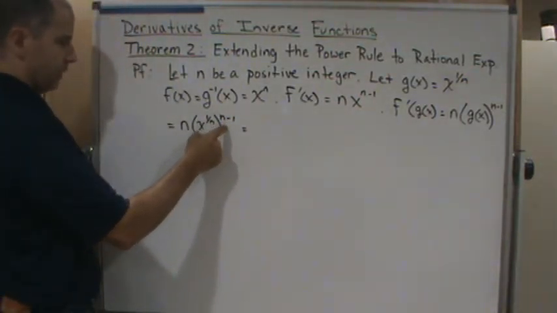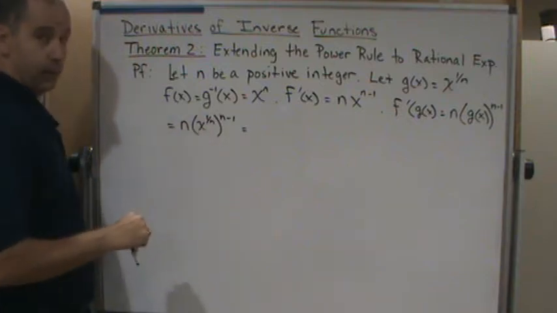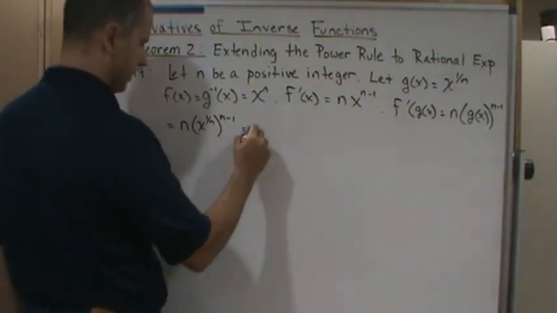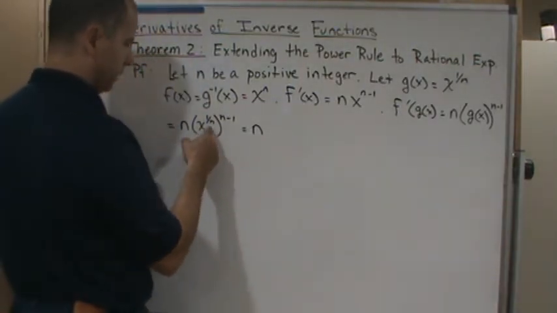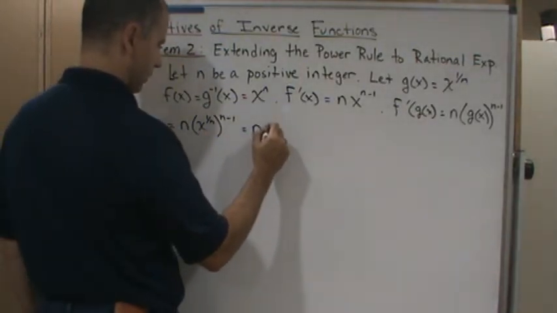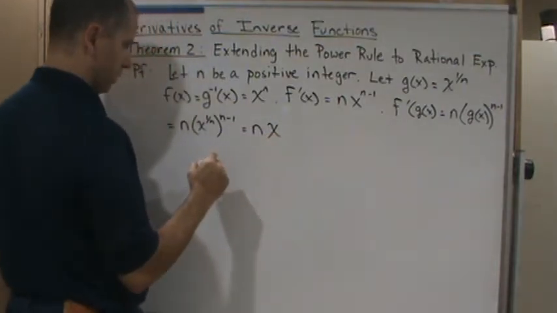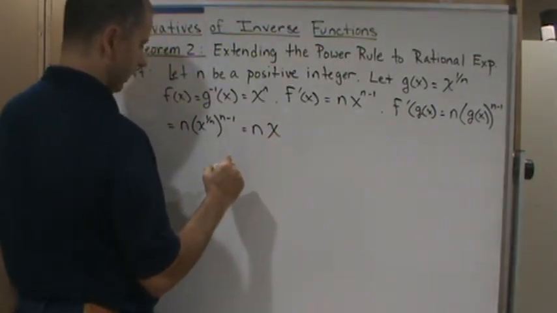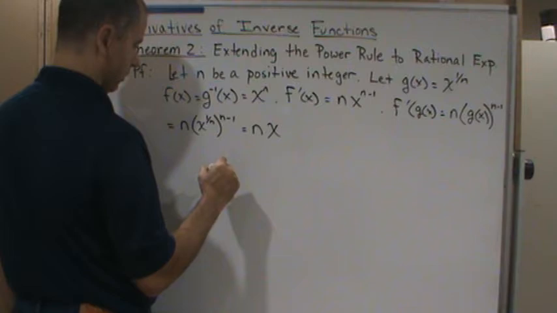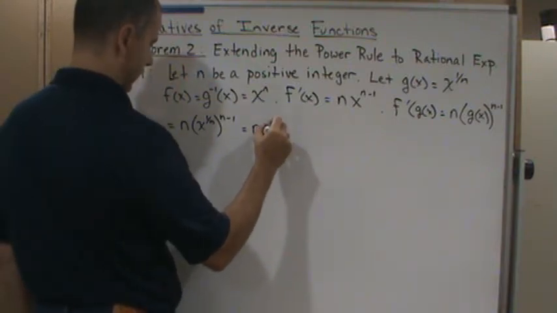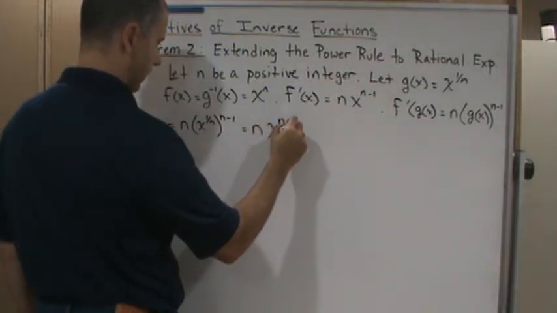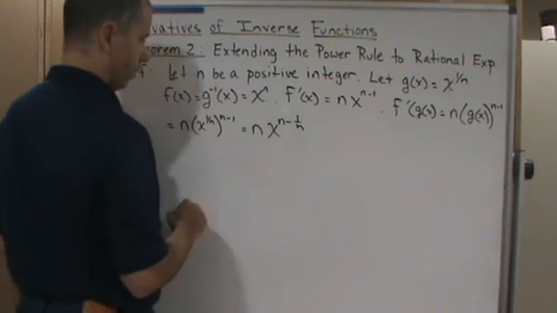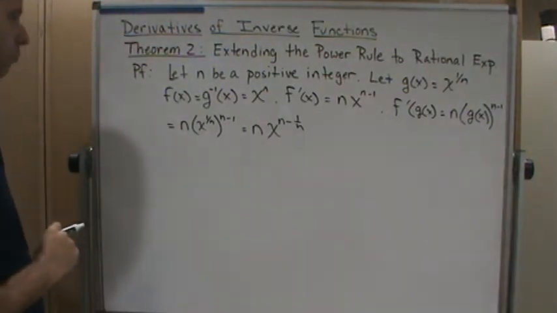Then we're going to use one of the power rules for exponents. So this is going to be n, and we're going to multiply exponents. So we get x to the what? n minus 1 over n.